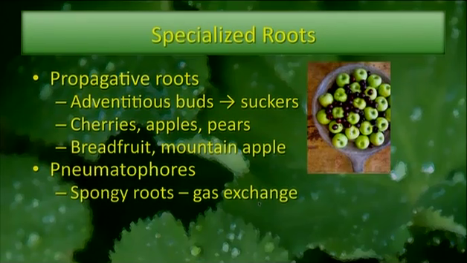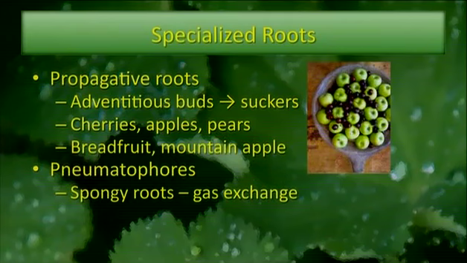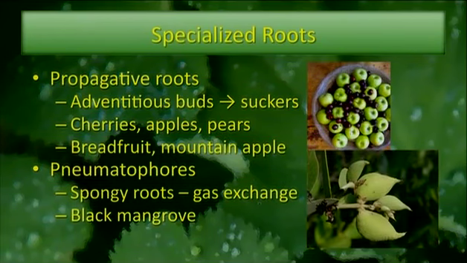Okay, these spongy roots actually get inundated with water, and water always has less oxygen than air does. Okay, so what they'll do is they'll allow gas exchange between the root and the water. Okay, so spongy roots do gas exchange, and an example of a plant that does that is a black mangrove.